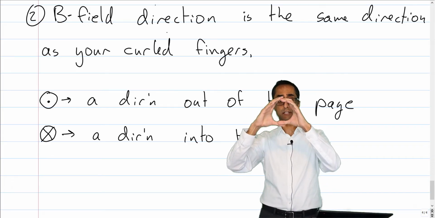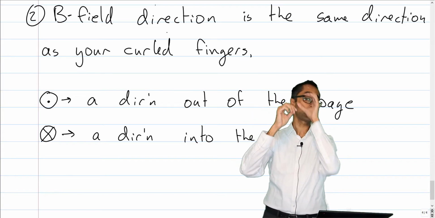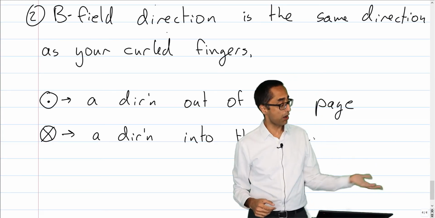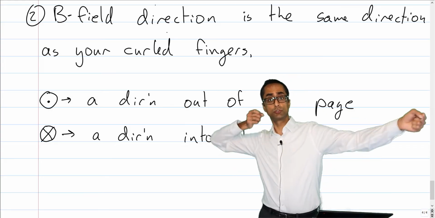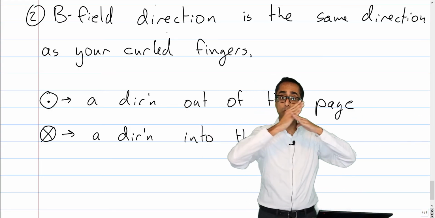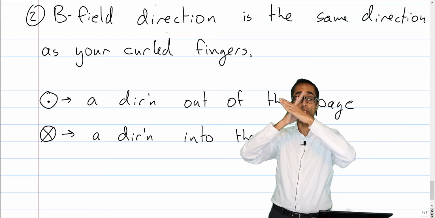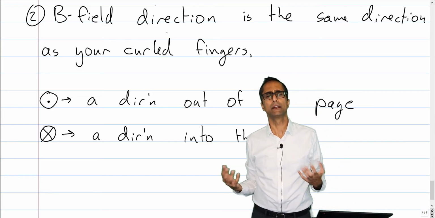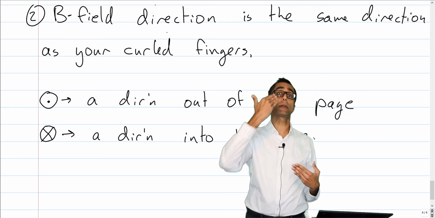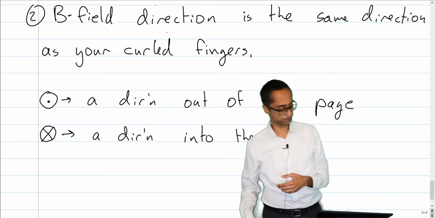It looks like a circle with a dot in it. That's what the sharp bit of the arrow would look like. On the other hand, if you yourself were to shoot an arrow, as it goes away from you, the feathers on the back would look like this X moving away from you. And so that way you can think about coming out of the page or going into the page.